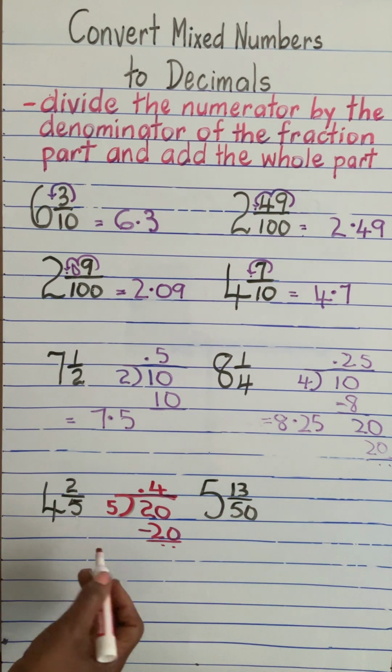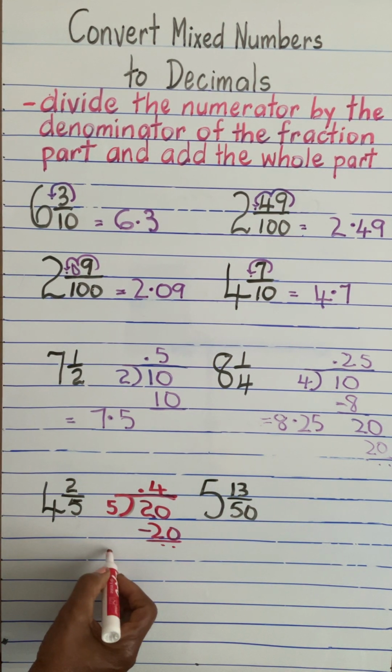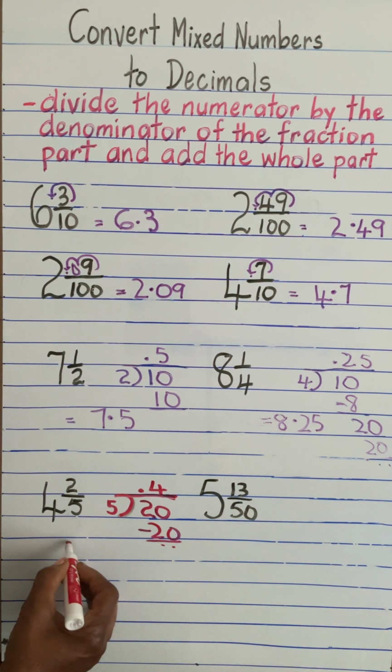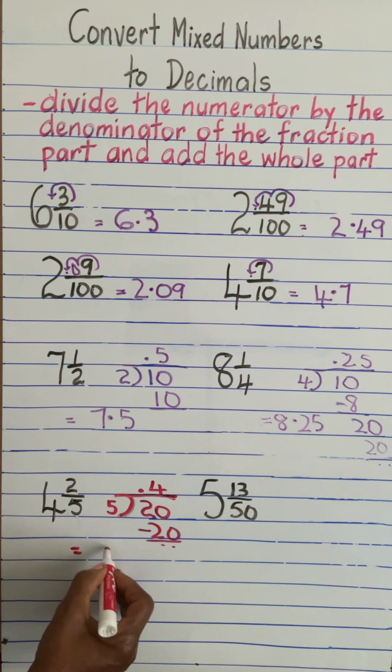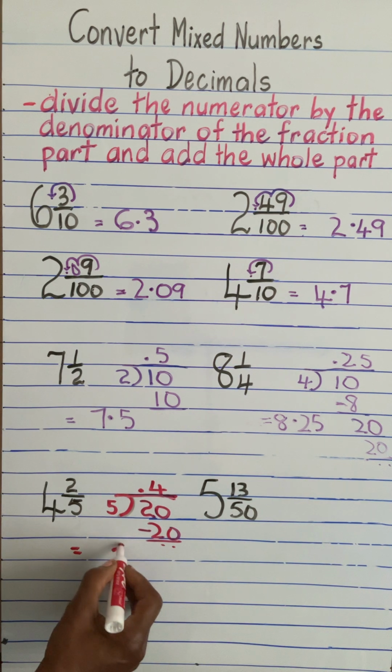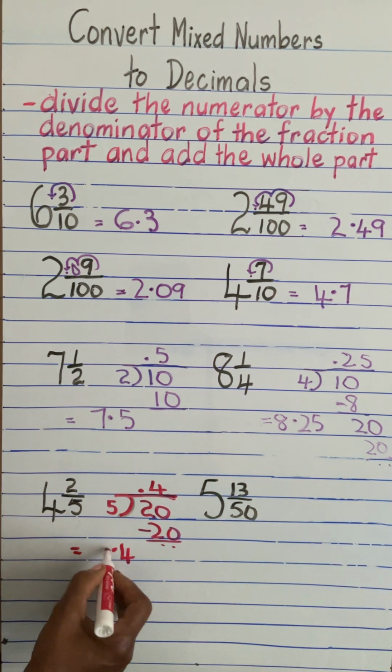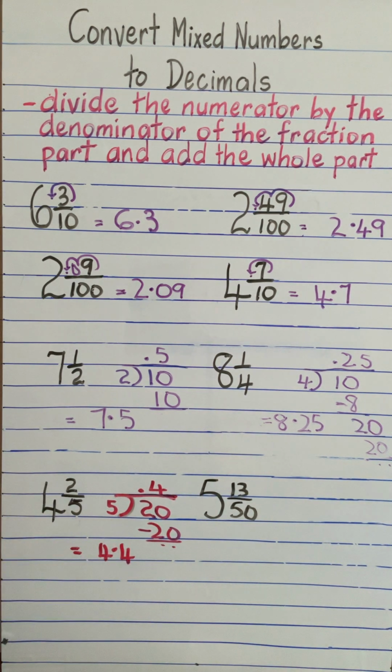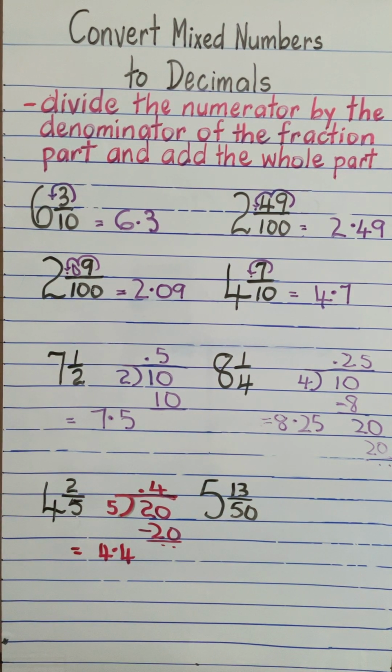So 2/5 is equal to 0.4, and we're going to add our whole part. So 4 2/5 is equal to 4.4.